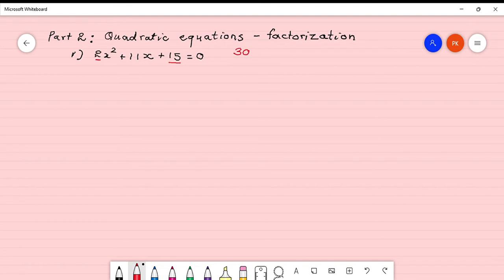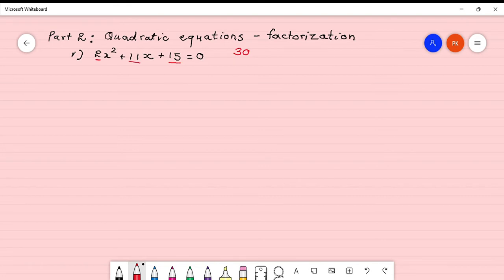Now, as I already told you, if the sign of the constant term is positive, I am going to consider the sum of the factors. That means I am going to factorize 30 in such a way that the sum should be equal to 11.